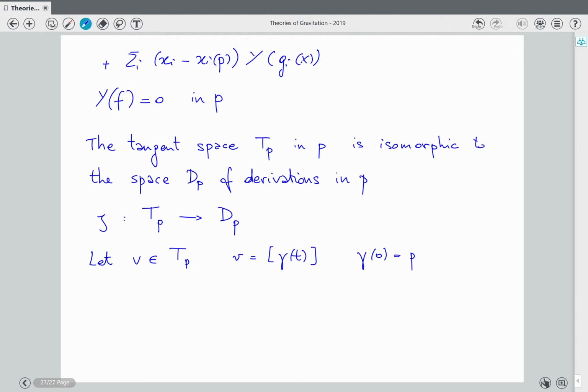All representatives of the equivalence class V.